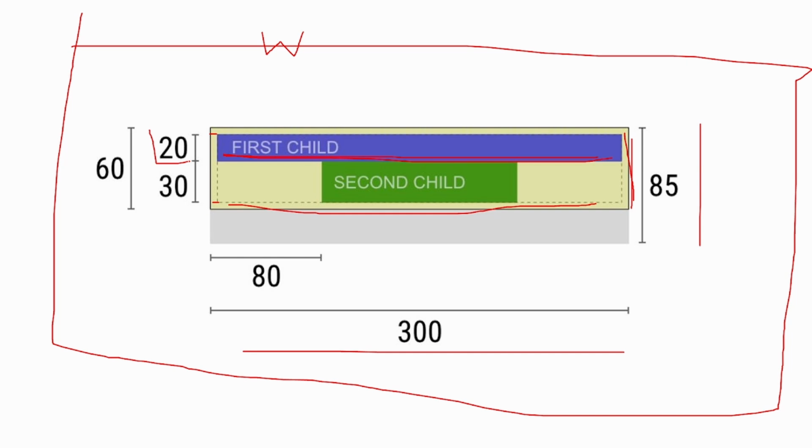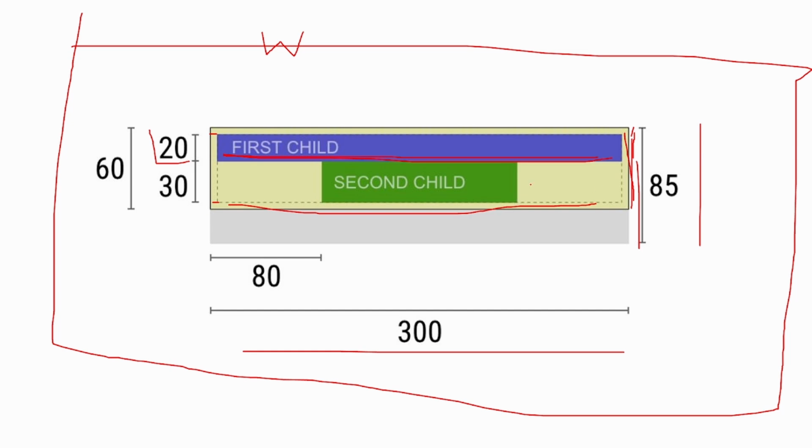Then the widget says, since I want the second child to be below the first one, the remaining space is 55 pixels in height, as 20 pixels is already taken by the first child and 5 pixels by the padding.